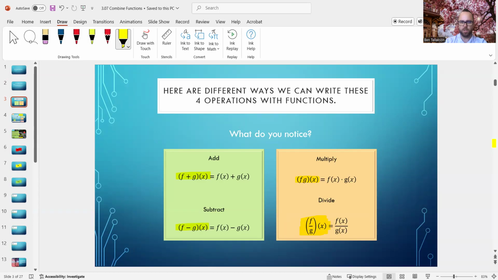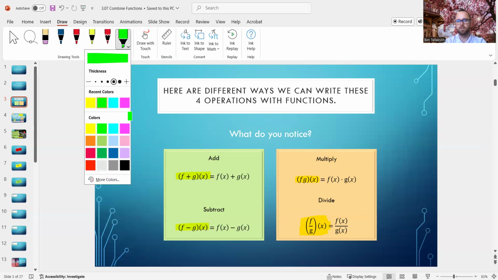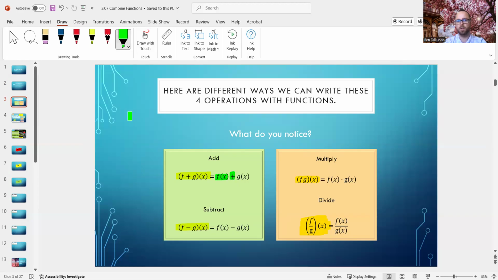So when you're asked questions about combining functions, it's going to be asked as you see here in these highlighted areas. And then when you set it up, it'll be nicer and cleaner to set it up like you see on the right here, right? Write your first function plus write your second function, write your first function times write your second function, and so on.